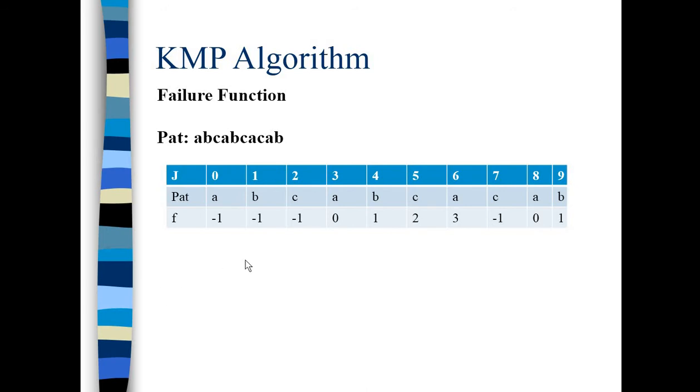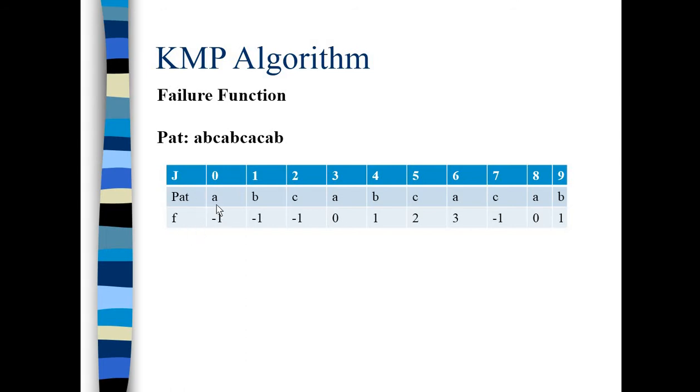Okay, so for example, if you have the values a b c a b c a c a b, if this is a string, how will you find out the failure values? This pattern is mentioned here, and here we are giving the failure values. If you see this row F, that is the failure value calculator.